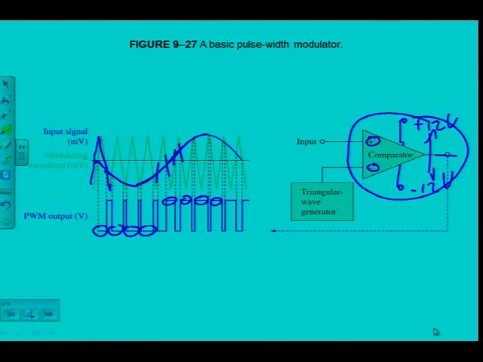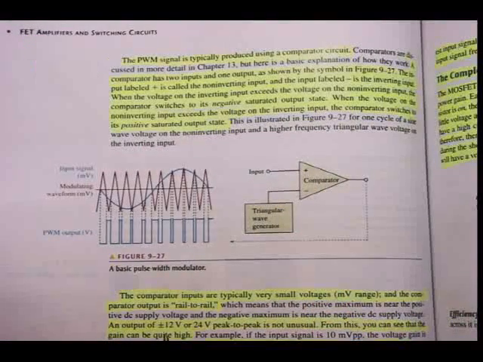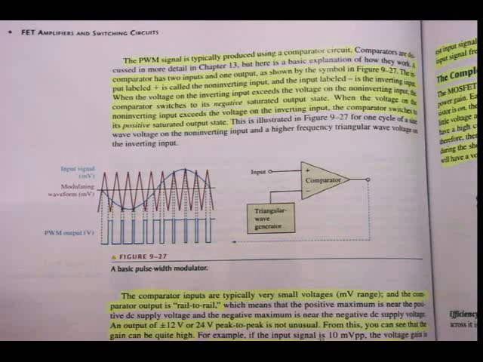So the comparator will switch the voltages to close between the 24. Now, it cannot go exactly up to 12 volts, just below 12 volts. So that is what rail to rail means. I also underlined here, an output of plus minus 12 volts or 24 volts peak to peak is not unusual.